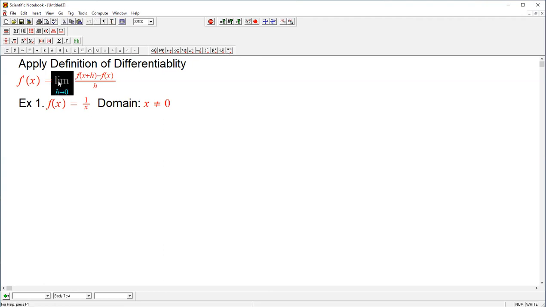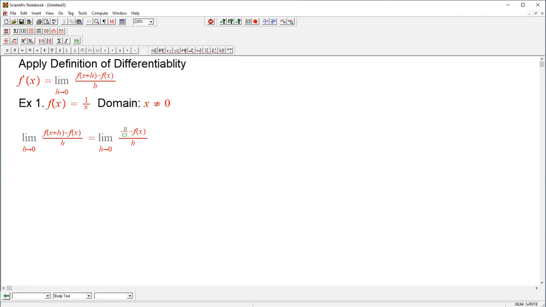When we try to find the derivative, of course, we're going to apply the definition of the derivative. In this particular case, you get to see the definition being used, and you also get to do some algebraic deriving.